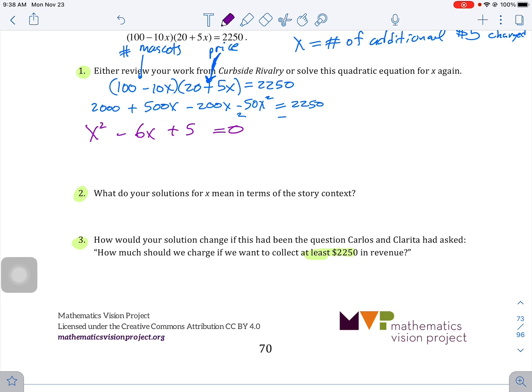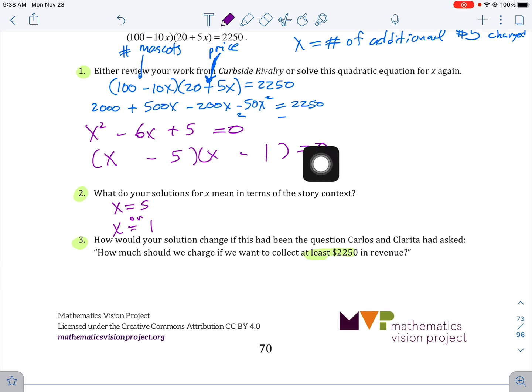Best way to solve this is to factor it. And negative 5 times negative 1 is equal to positive 5, as well as sums to negative 6. So our solutions are when x equals 5 or x equals 1.